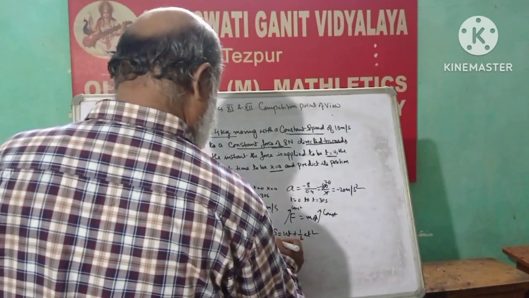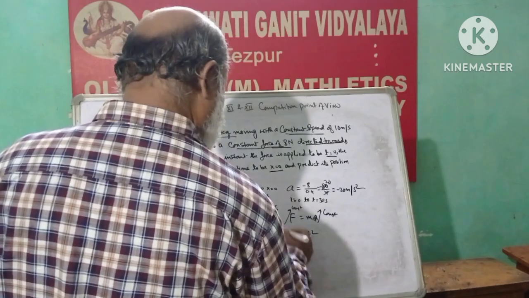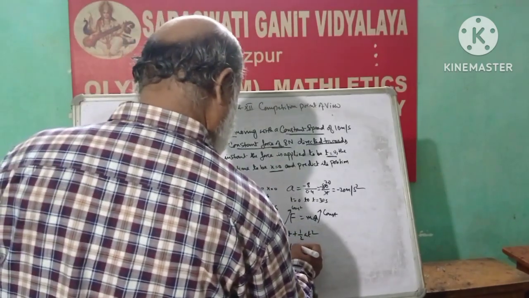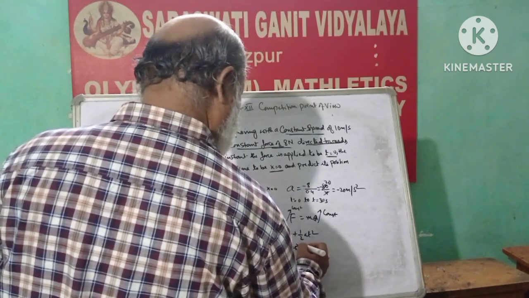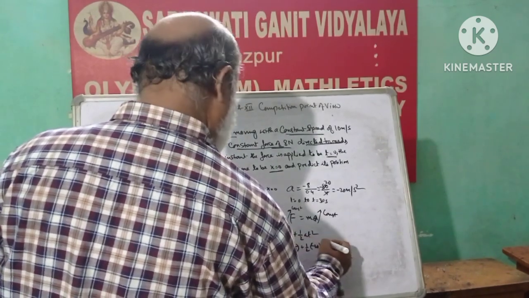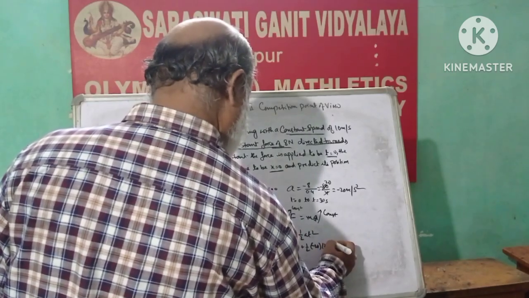So what will this s be? Initial speed 10, time is how much? 25. So 10 into 25, plus half, acceleration is minus 20, and time 25 square.